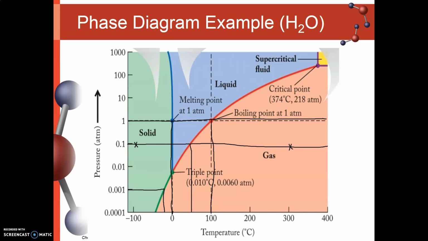When the intermolecular forces are strong, we are going to see larger liquid and solid regions. When the intermolecular forces are weak, we're going to see smaller solid and liquid regions, and much larger gas regions as a result.